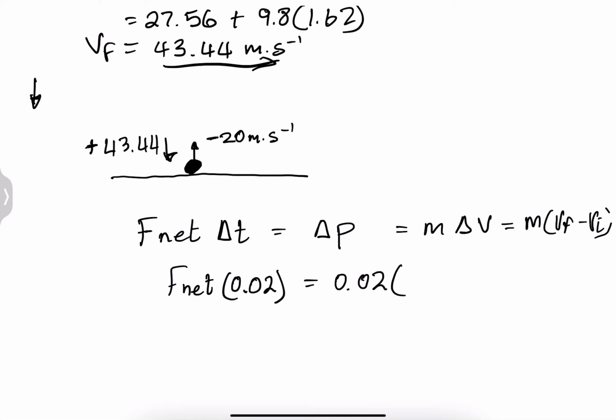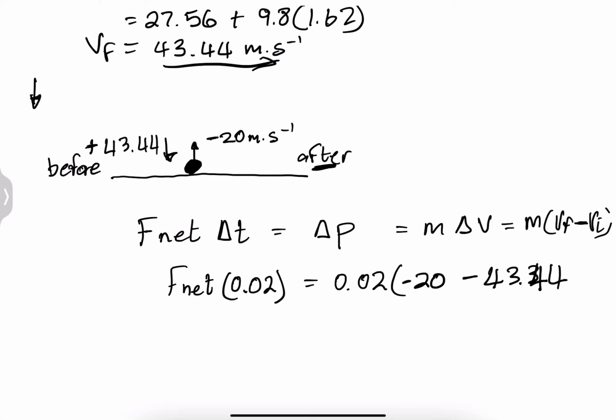So that's 0.02 kilograms. When it comes to the collision, we're talking about before and after. So this is the velocity before, and that would be the velocity after the collision. Our final velocity, the velocity after the collision with the ground, is negative 20, minus, remember there's a minus sign there, minus a positive 43.44.